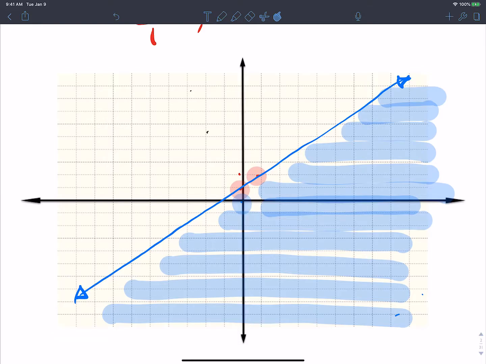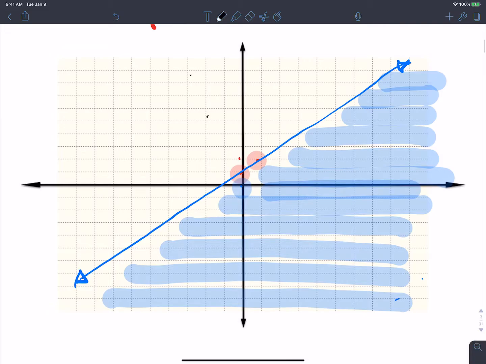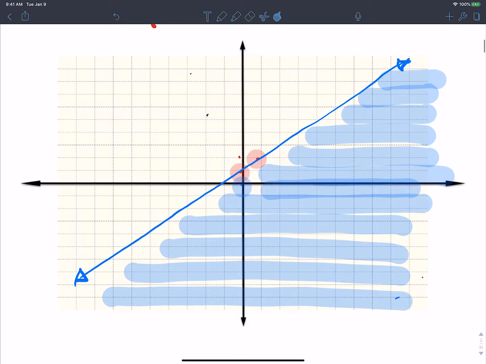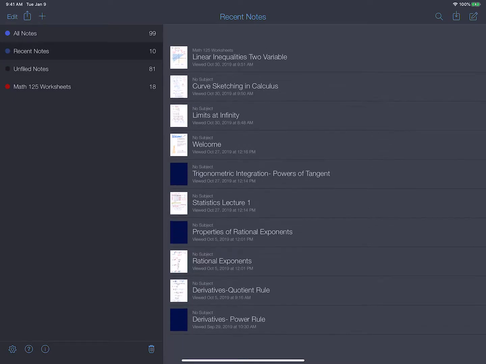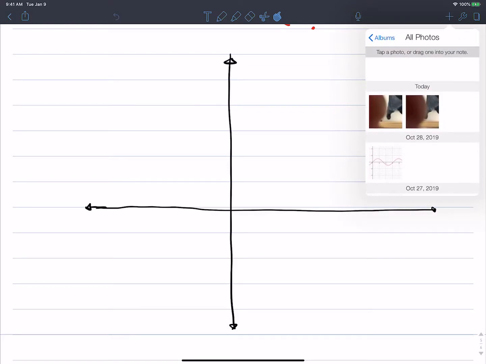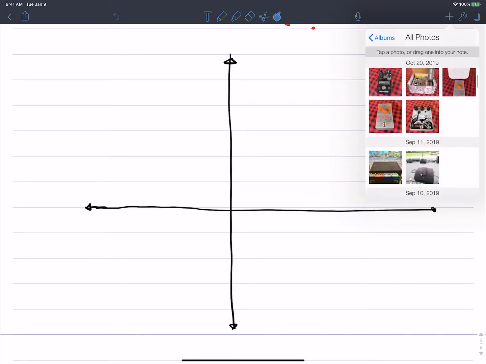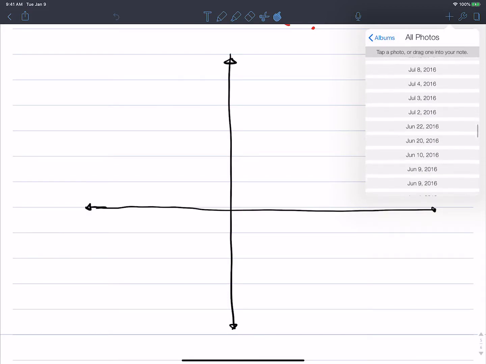You got to be able to pick this up. I have these graphs here somewhere. Recent notes. Here we go.